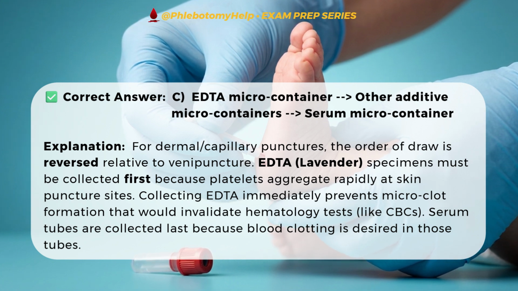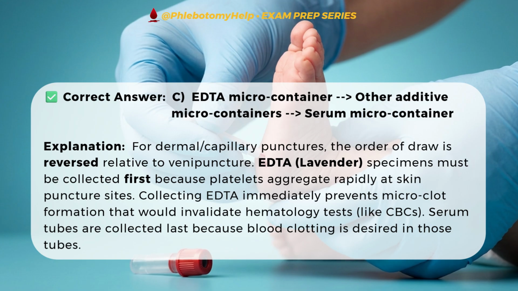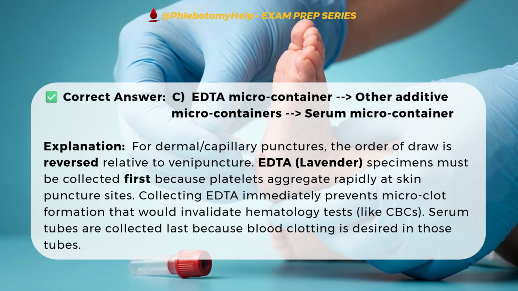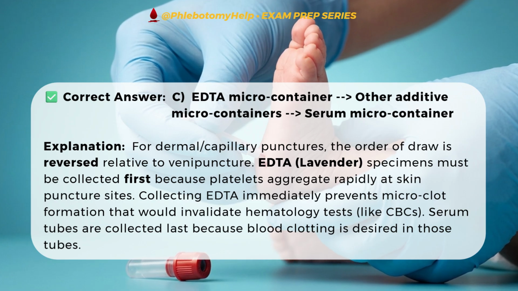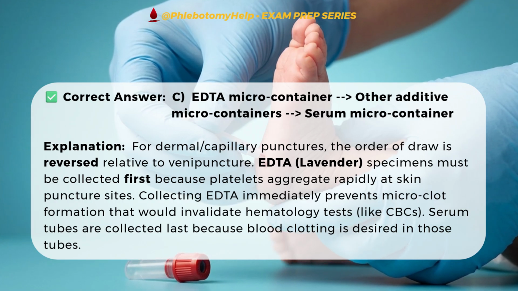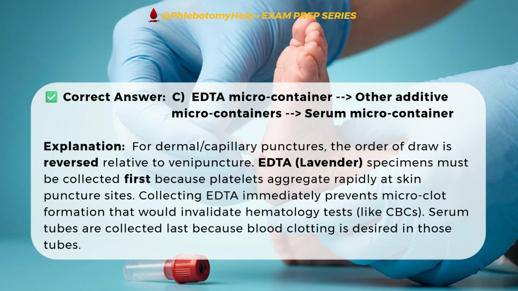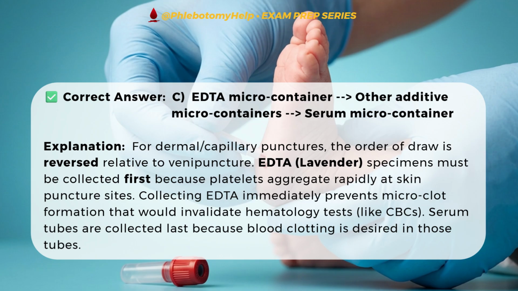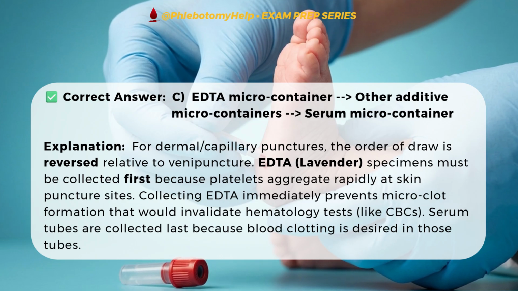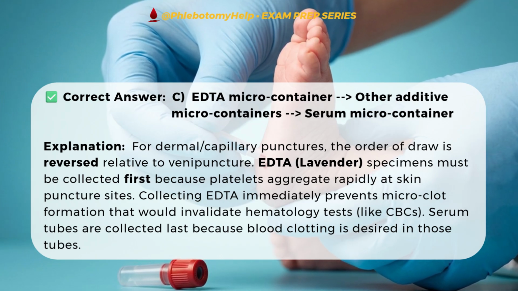For dermal capillary punctures, the order of draw is reversed relative to venipuncture. EDTA specimens must be collected first because platelets aggregate rapidly at skin puncture sites. Collecting EDTA immediately prevents microclot formation that would invalidate hematology tests. Serum tubes are collected last because blood clotting is desired in those tubes.